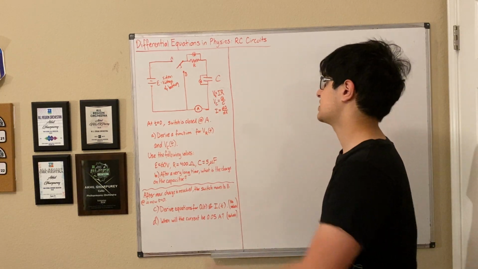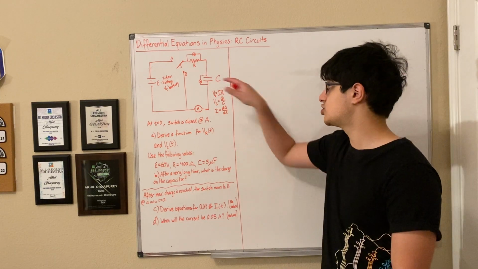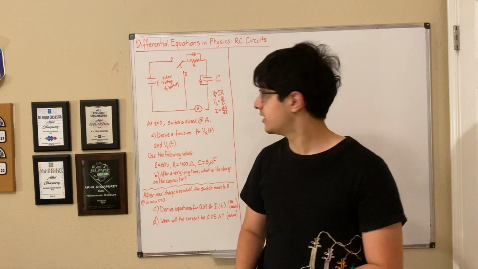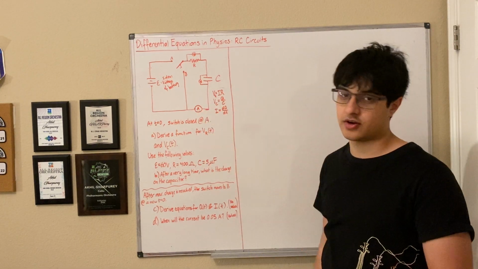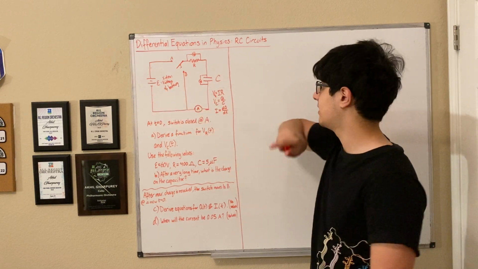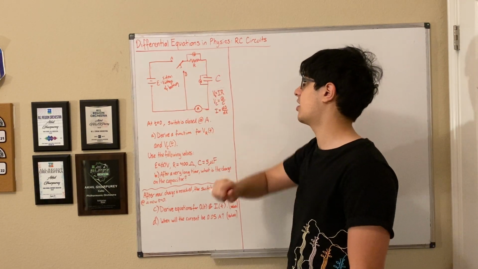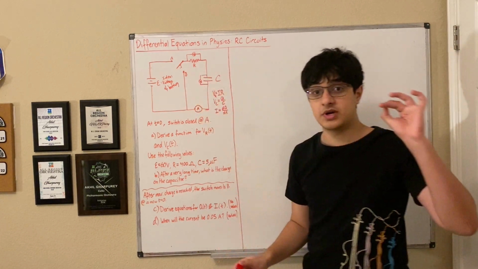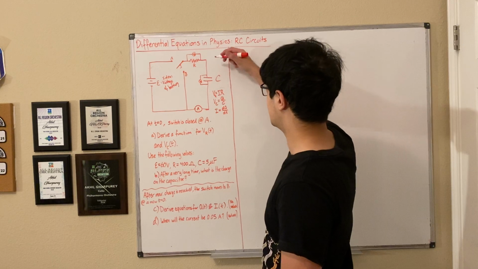And then we have a capacitor here. A capacitor is basically something that stores electric charge. And this circle with an A is what we use to measure the current that loops through these wires. And this circle with the VC and VR essentially measures the potential difference or voltage drop.